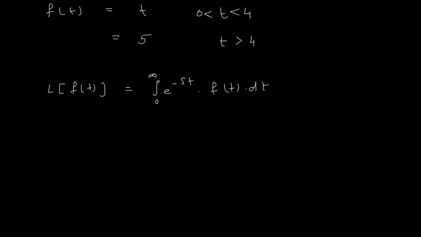So for that we will split this integral from 0 to infinity as 0 to 4 and then 4 to infinity. So I will say 0 to 4 e raised to minus st into t dt, plus 4 to infinity e raised to minus st into 5 into dt.